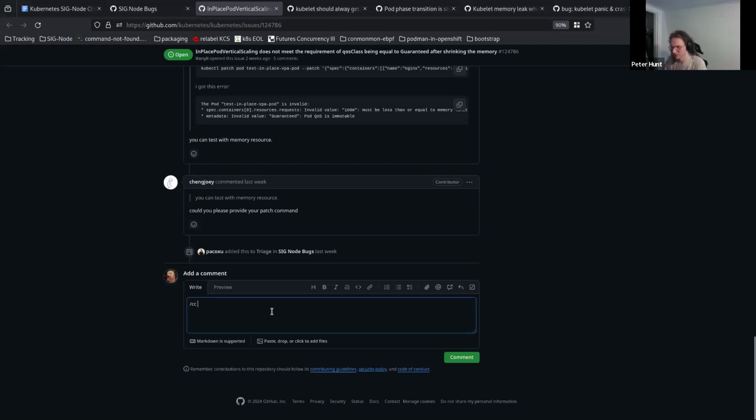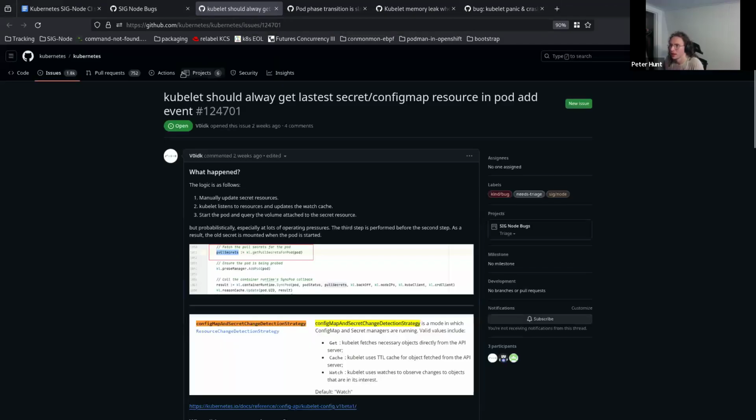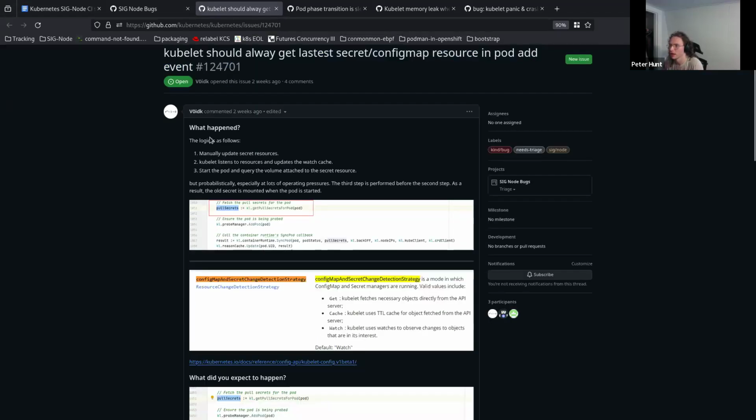It always gets the latest secret config map first in pod add event.